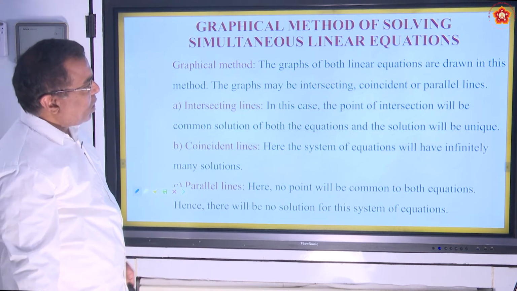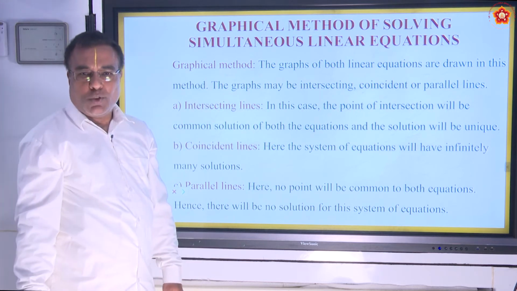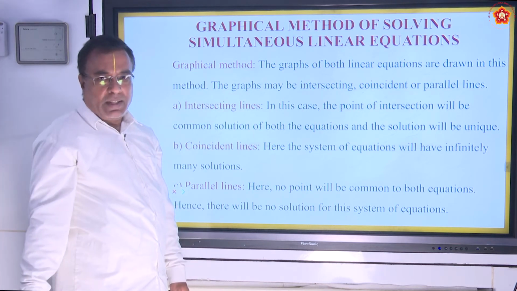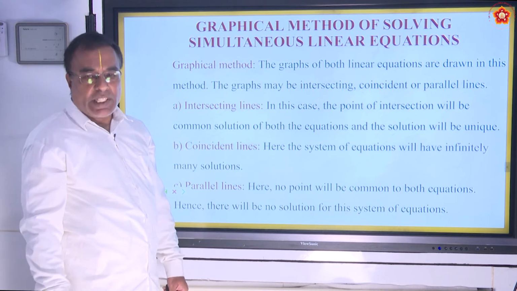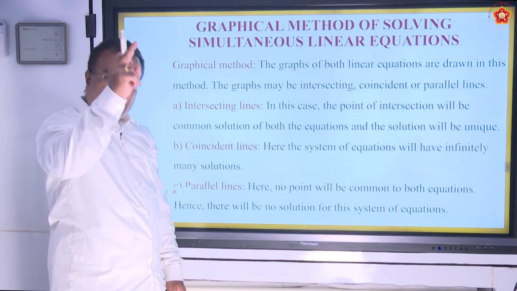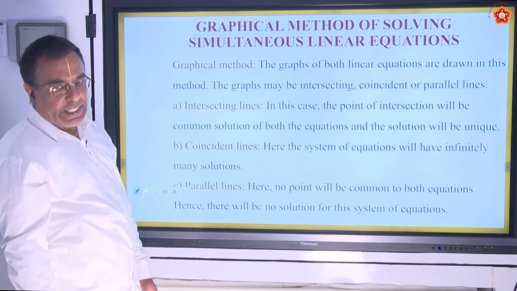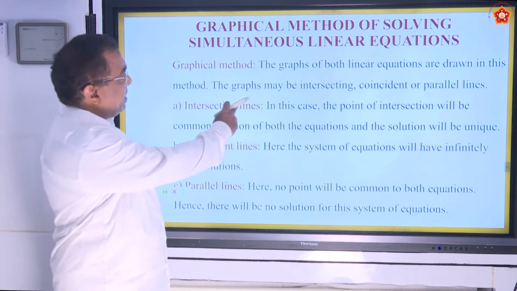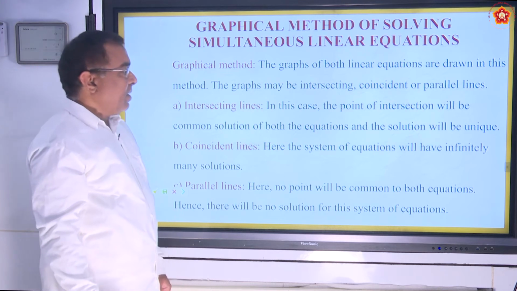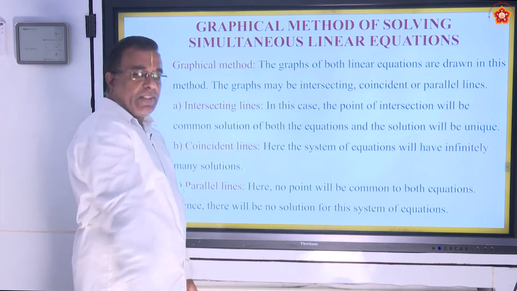Graphical method. Here what we do is, the graphs of both the linear equations are drawn. You know how to draw a graph of a linear equation. Already we have discussed it earlier. Here two such lines will be given. Draw the graphs of both these equations on the same graph sheet of paper, and you will note that the graphs may be either intersecting, coincident or parallel lines.